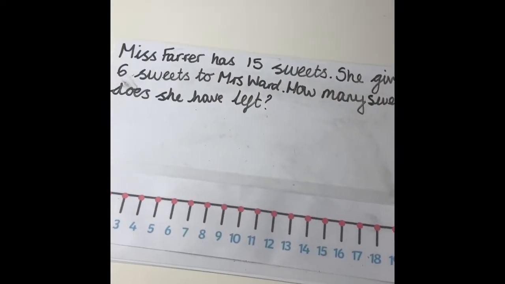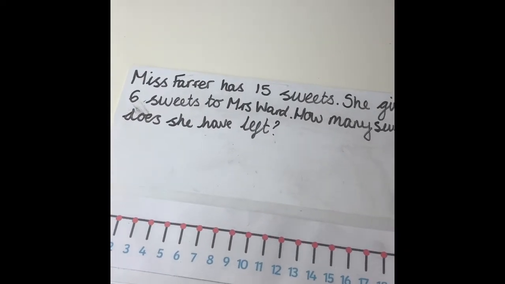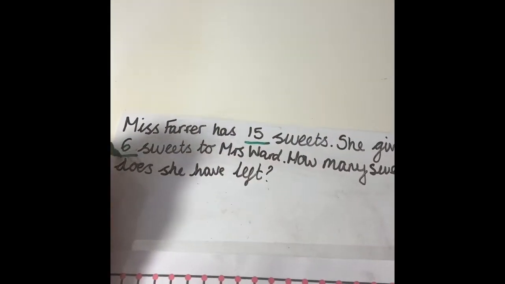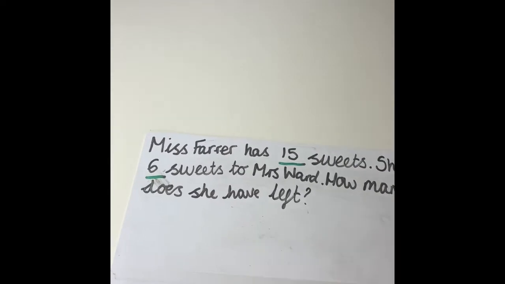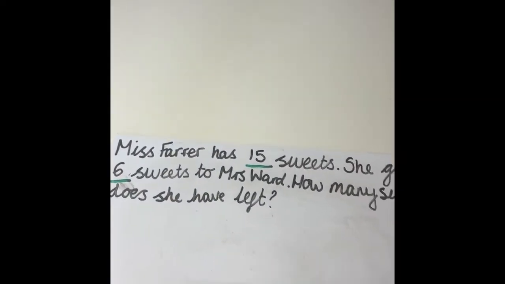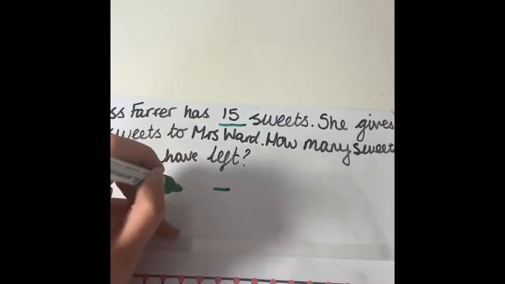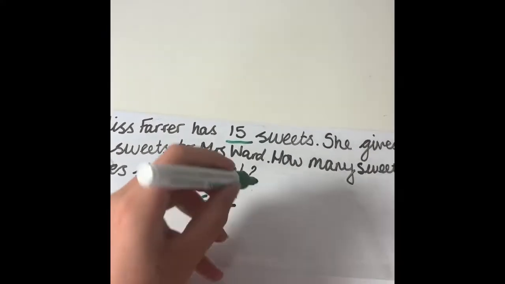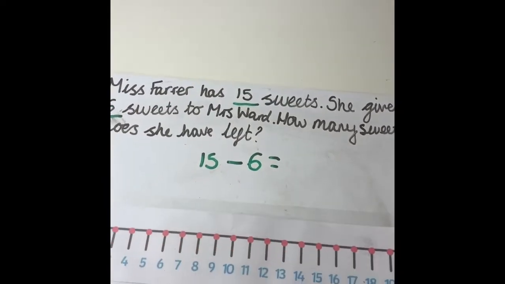Now, as we said with any other word problem, you've got to underline the numbers, because then you know which ones are important. Now, it's asking you how many sweets does she have left, so you know it's a subtraction one, okay? So, she has 15, and she's taking away 6 because she's giving them away. So that is the question we have been asked.